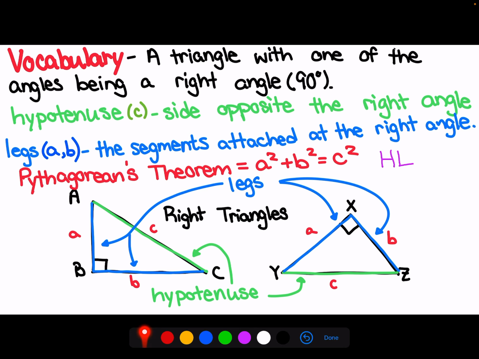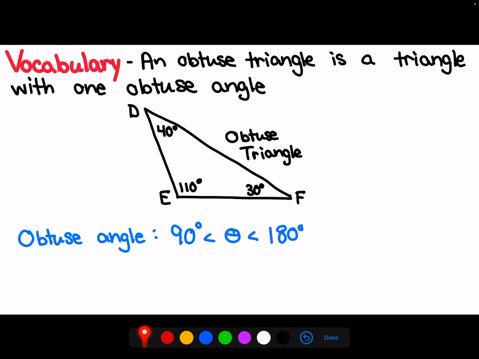The last type of triangle that we have is an obtuse triangle. An obtuse triangle is a triangle with one obtuse angle. And again, the other two angles must be acute.